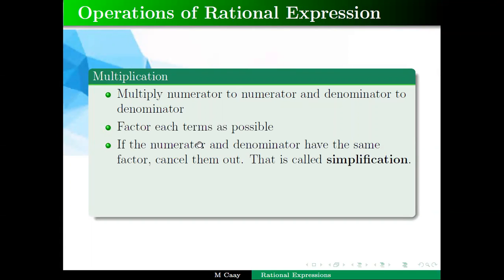For example, I have x plus 1 here, and x plus 2, and I have x plus 2 here over x plus 3. There is an expression in the numerator which is the same as the expression in the denominator. In this case, we can cancel them out. That's what I mean by rule number 3.